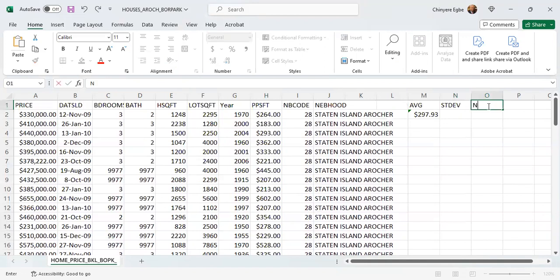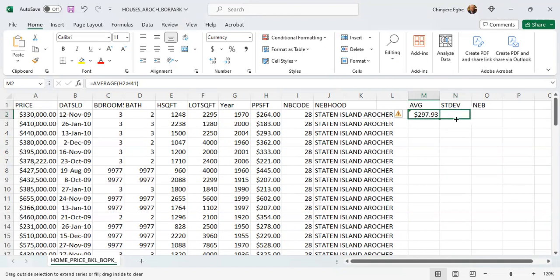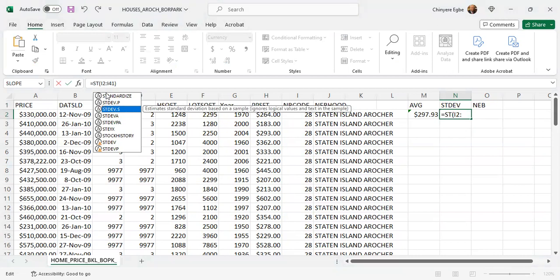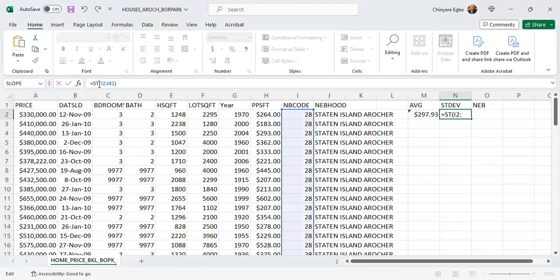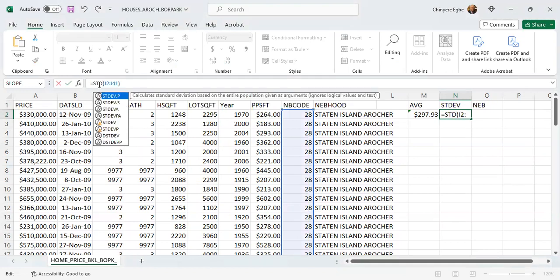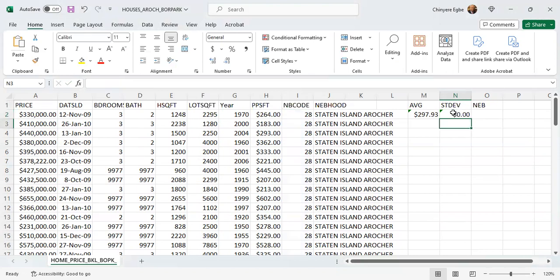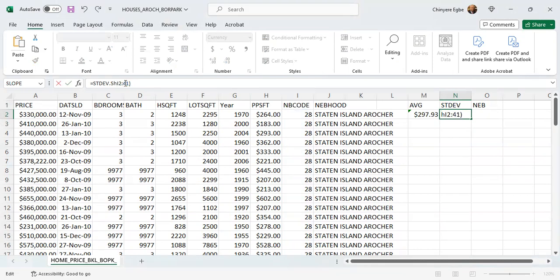Here we have the neighborhood. All right. Equals STDEV.P, H2 to H41.